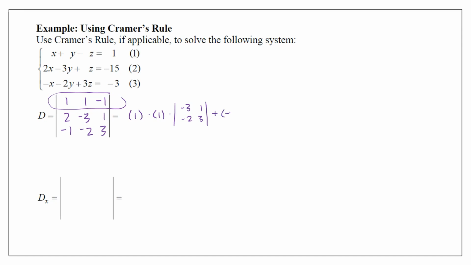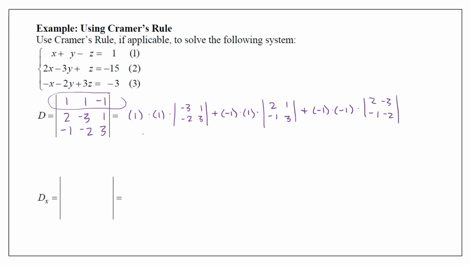Then I will add negative 1 times the entry, which is 1, times its minor, which will be 2, negative 1, 1, and 3. Then I'll add negative 1 times its entry, which is also negative 1, times its minor, which is 2, negative 3, negative 1, negative 2.